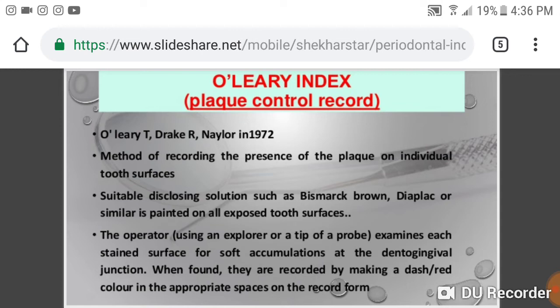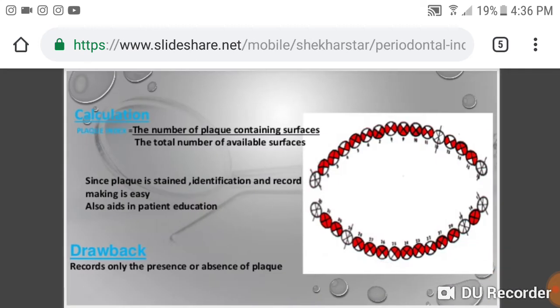The operator, using an explorer or the tip of a probe, examines each stained tooth surface for soft accumulation at the dentogingival junction. When found, they are recorded by making a red dash in the appropriate spaces on the record form.